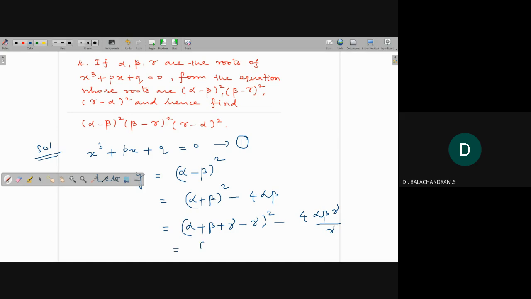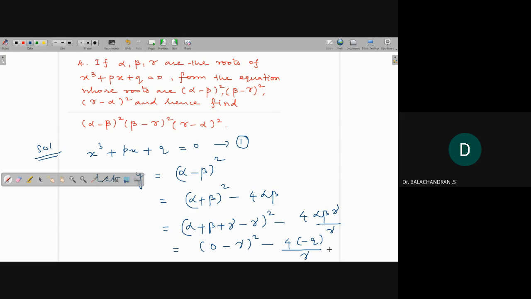So this is 0 minus gamma whole square minus 4 into the product of the roots. What is the product of the roots, S3? Minus q. Yes, sir, minus q, divided by gamma.